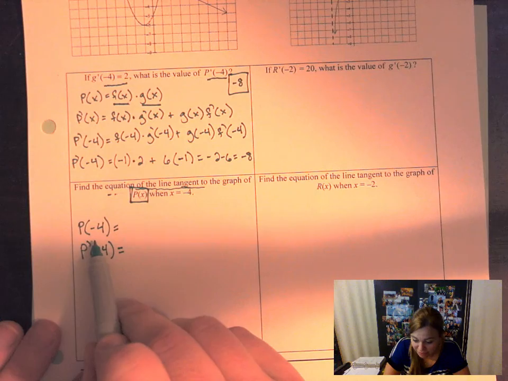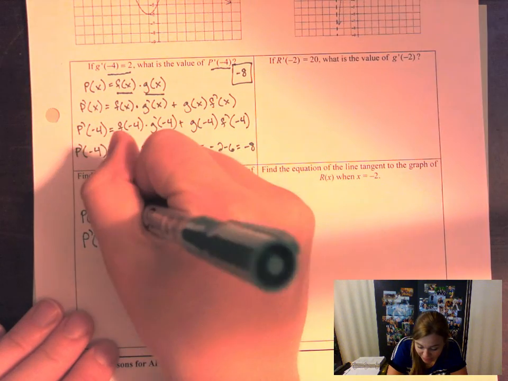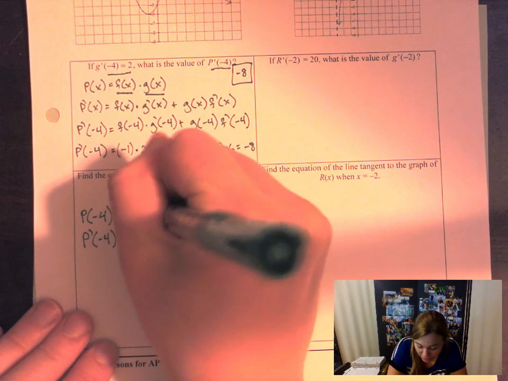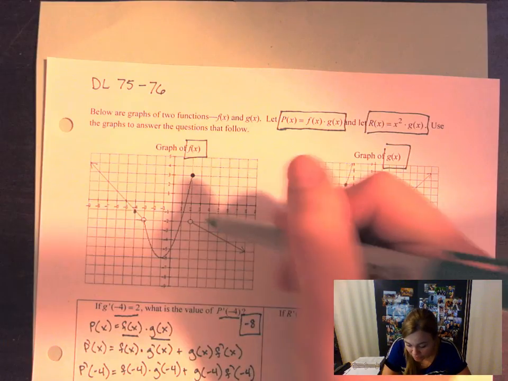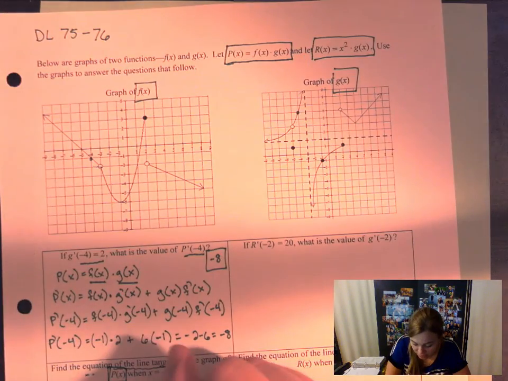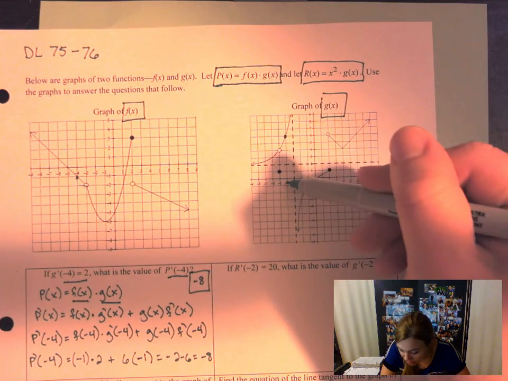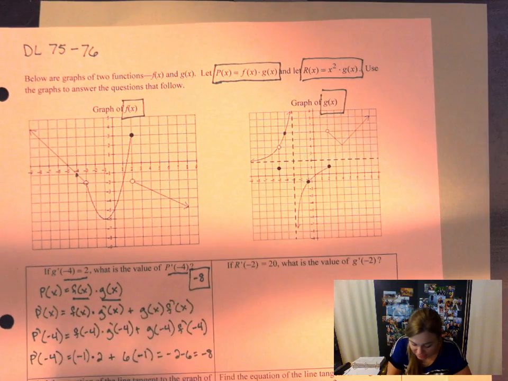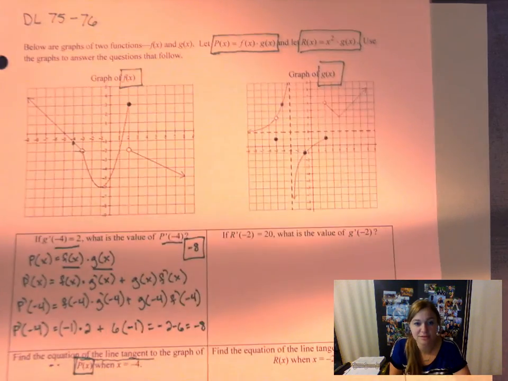So p of -4, p of x was f of x times g of x. So it was given us up here. So I'm going to say f of -4 times g of -4. F of -4 is -1. g of -4 was 6. So I get -6.